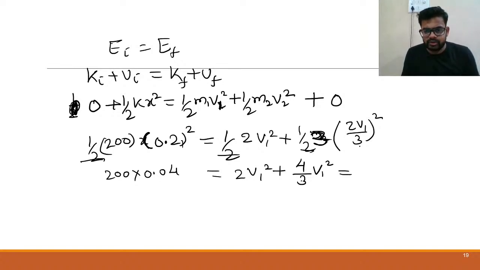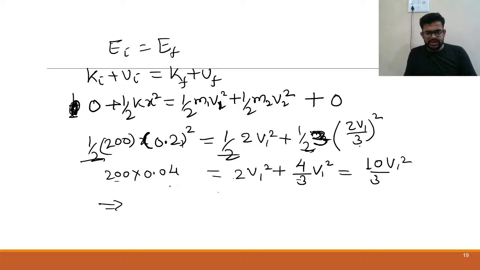So 6 plus 4 is 10. Simply, 3 into 2 is 6, 6 plus 4 is 10. So 10 v1 square divided by 3 we are getting here, and on the other side 200 into 0.04 is 8.